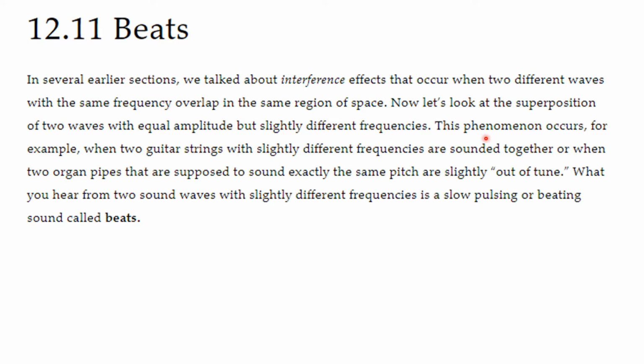This phenomenon occurs, for example, when two guitar strings with slightly different frequencies are sounded together, or when two organ pipes that are supposed to sound exactly the same pitch are slightly out of tune. What you hear from two sound waves with slightly different frequencies is a slow pulsing or beating called beats.